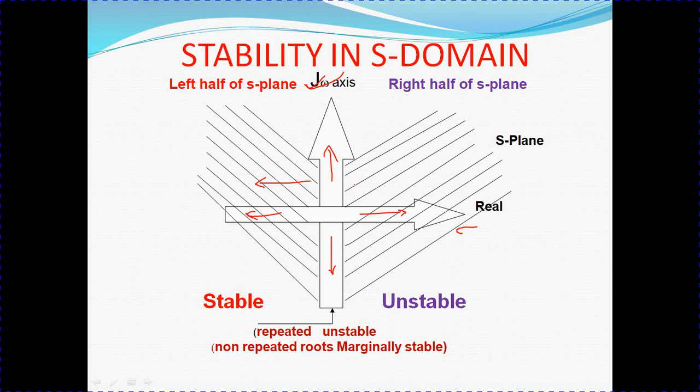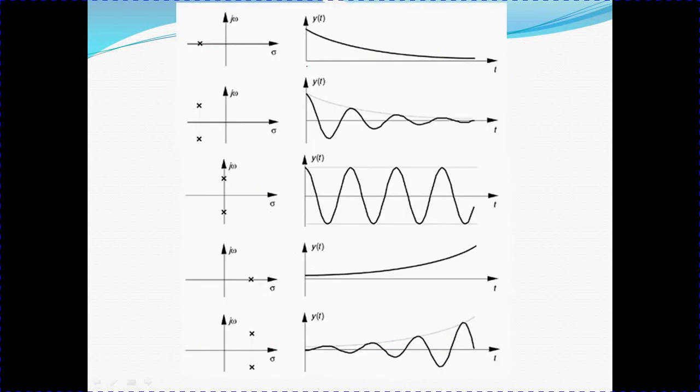Similarly, if the poles are located on the right side of the S plane, or in the RHP, then the system is going to be unstable. And if the poles are located on the imaginary axis, that is here and here, then the system is going to be a conditionally stable system. So now here this is the sigma j omega axis, and in the S domain the location of poles is going to give us the stability of the system.